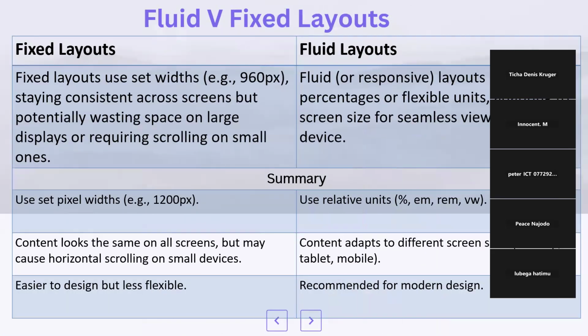I have a table here to help us have some idea, and later we'll get more through the demo. When we talk about fixed layouts, we mean layouts that have a set width, like a website having a fixed width, maybe 960 pixels, maybe 1200 pixels.